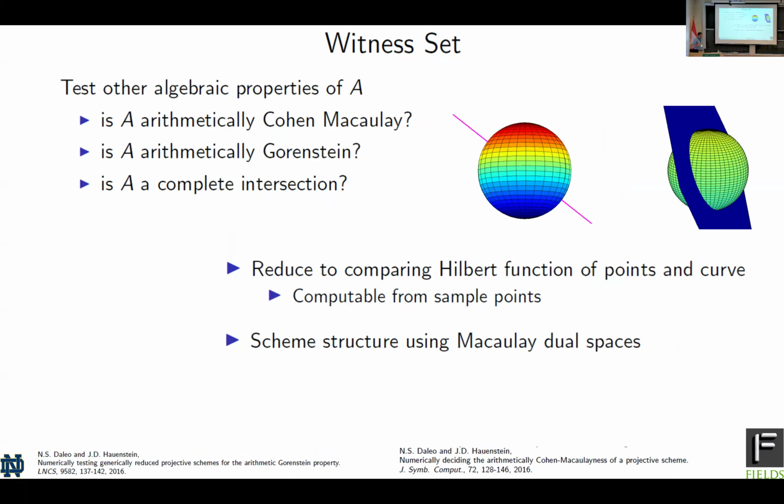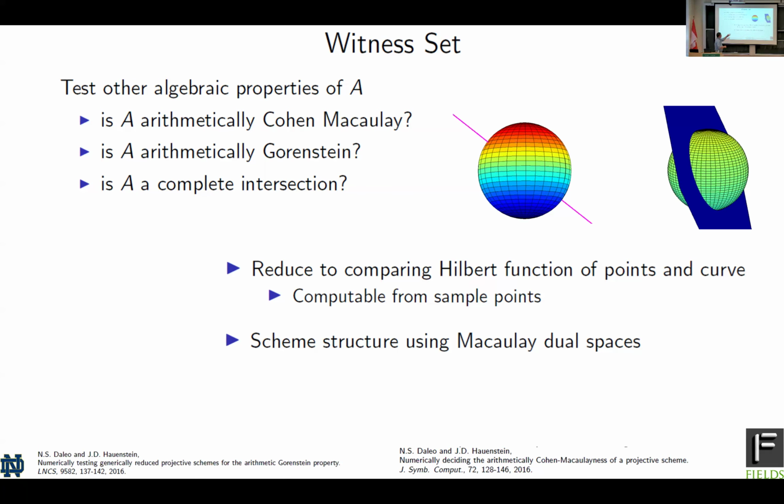I mentioned about Cohen-Macaulayness. You can turn this around. So if it's Cohen-Macaulay, then we know that there's a correspondence. You can turn this around to test for Cohen-Macaulayness. So what you do is you look at witness points, so intersect with a complementary codimension, and then remove one of those, so then it's a curve.